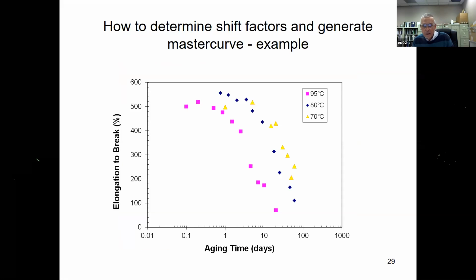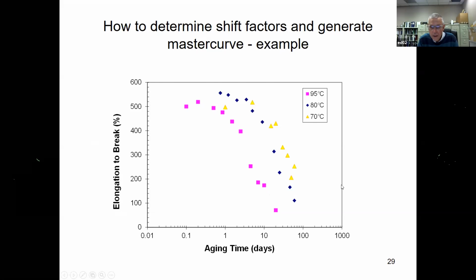Okay, so the second question that I asked was how to determine shift factors and generate a master curve. Okay, so here I have an example. Here's elongation to break as a function of aging time, 70, 80, 95. You might have data that looks like this.